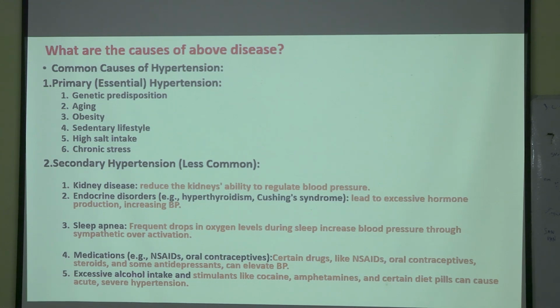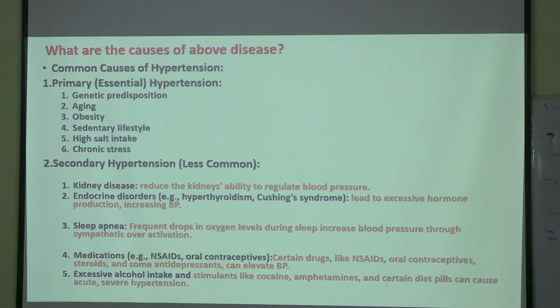As we know, there is the renin, angiotensin, aldosterone system. These systems are very much involved with the regulation of blood pressure. So if there is a reduced kidney ability, obviously it will affect the angiotensin system. Ultimately it will affect the regulation of blood pressure.